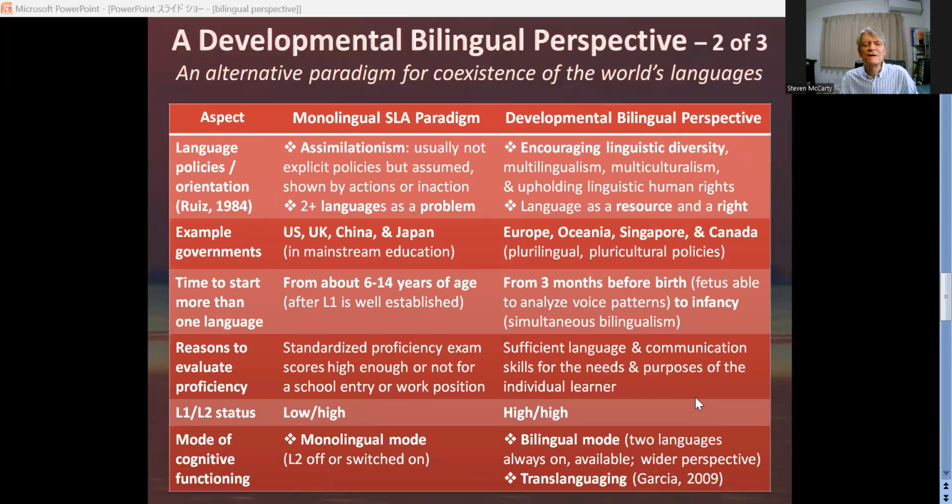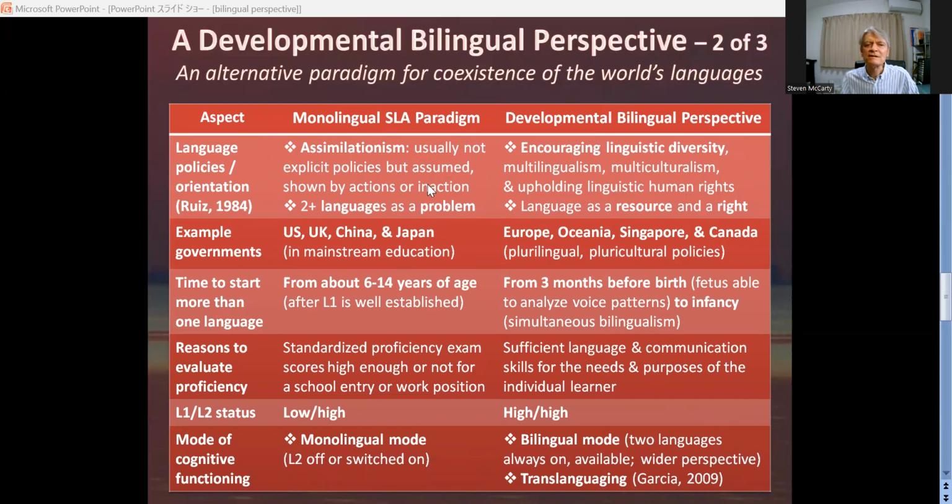And then next, about language policies and orientation, according to Ruiz, 1984. First, what we often see in monolingual societies is assimilationism. So it's usually not explicit policies where they say, oh, let's assimilate the minority students or the immigrants, but it's assumed and taken for granted or shown by the actions or inaction.